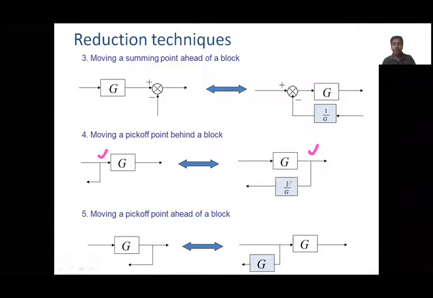It should give the same equivalent model before and after the transformation. Overall gain must be the same. So if you want to shift the takeoff point from before the block to after the block, you have to multiply the feedback signal by 1 by G.